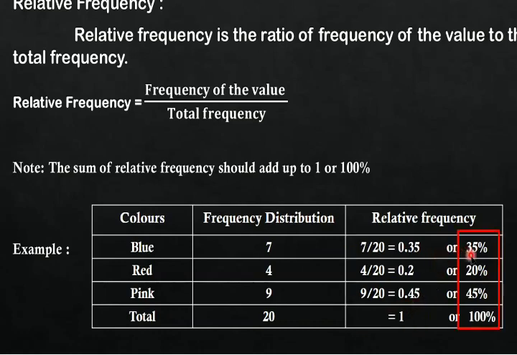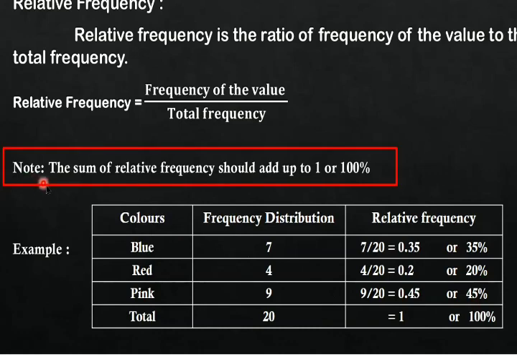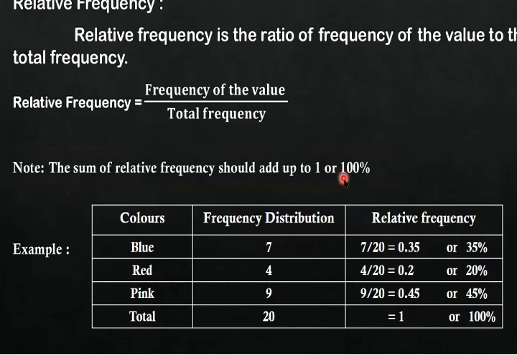Otherwise you can calculate in percentage also. 0.35 means 35 percent. 0.2 means 20 percent. And 0.45 means 45 percent. Here is one note: the sum of relative frequencies should add up to 1 or 100%.